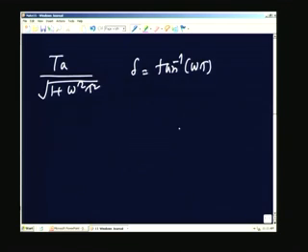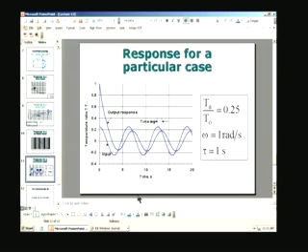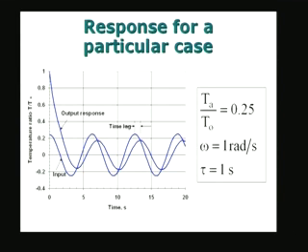And in fact, I have worked out a simple example to show what is going to happen in the case of a response to a cosine input, as we said. I have taken a specific case, T a by T naught equal to 0.25, omega equal to 1 radian per second, and tau equal to 1 second.